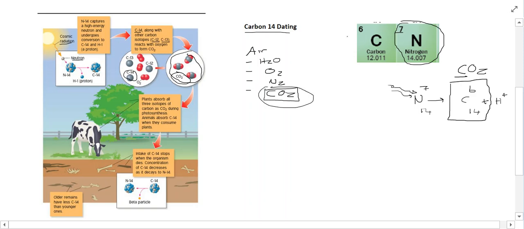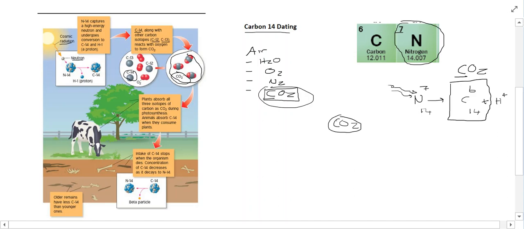And some of that CO2, the carbon within that CO2, is going to be carbon 12, carbon 13, or carbon 14. Now what happens then is that plants absorb all 3 isotopes of carbon as CO2 during photosynthesis, and animals then also absorb carbon 14 when they consume the plants. So what happens to this? Imagine I'm a CO2 molecule.